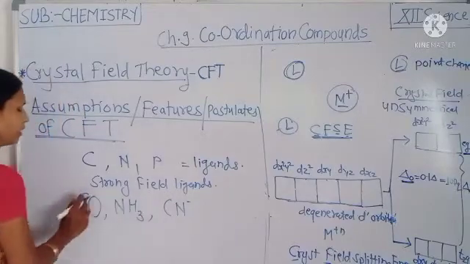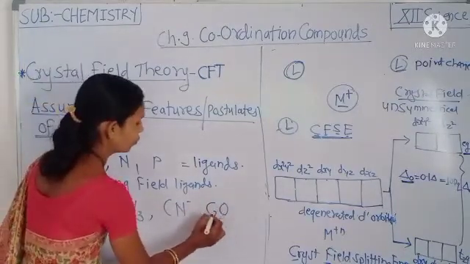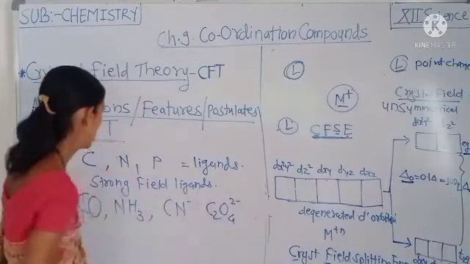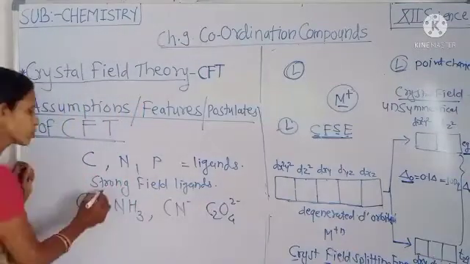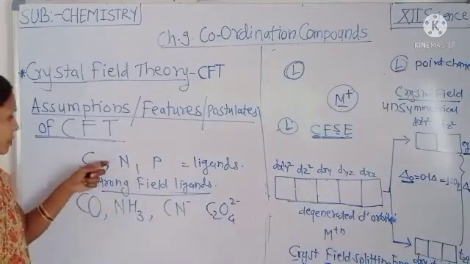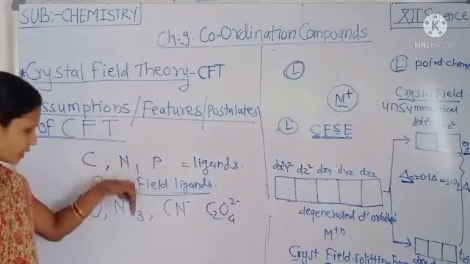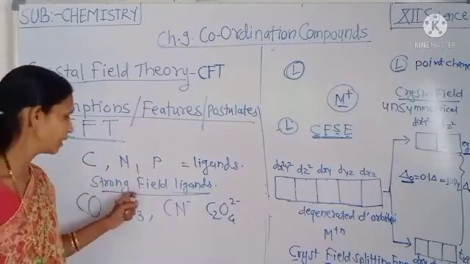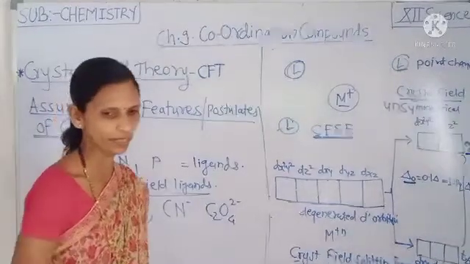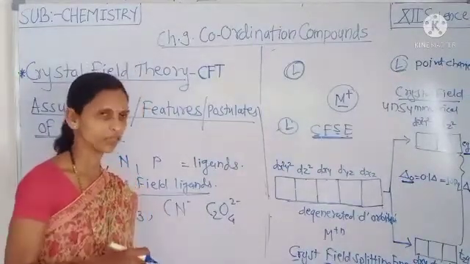These are examples of strong field ligands. The ligands, groups or ions which possess carbon, nitrogen and phosphorus have greater strength.